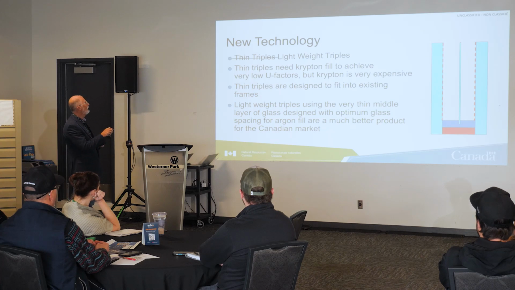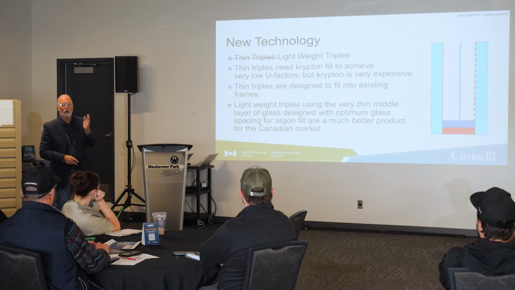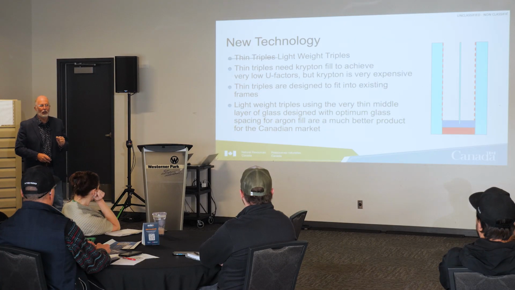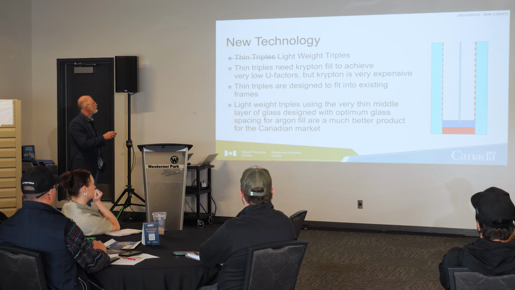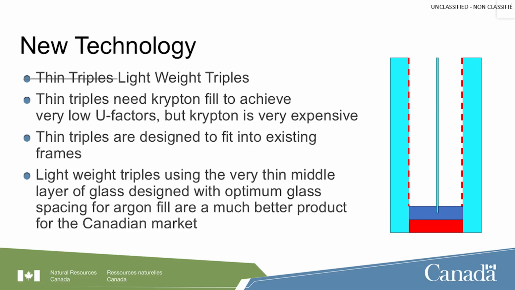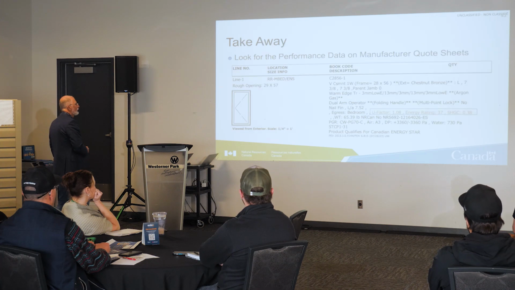And then there's the thin triples, which are these tiny little thin panes that we talked about earlier, that are in between. Now, those I think are a long way off becoming a standard product, but thin triples are fairly common. Thin triples also use krypton gas, which is very expensive. So that's what makes those windows a super expensive product. So those are some options.